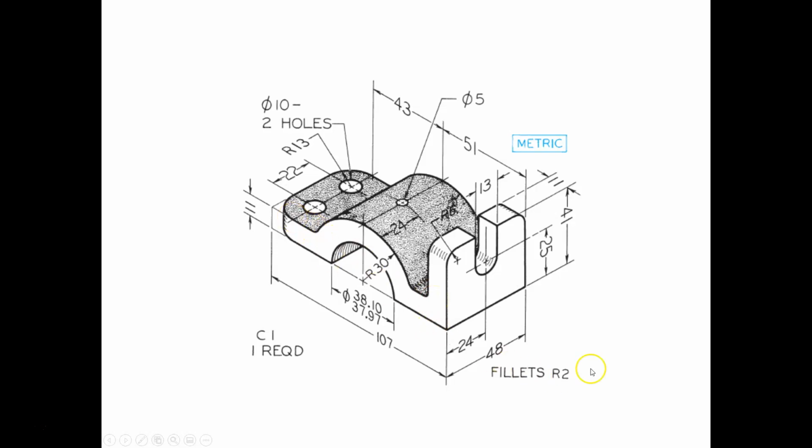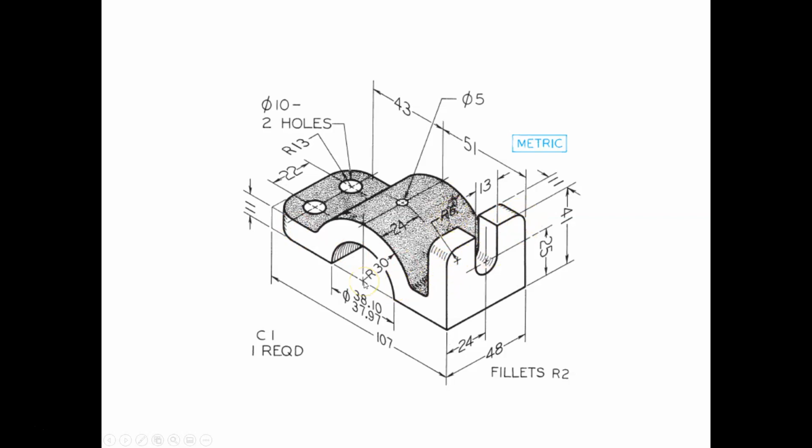Some of the other shapes we can take care of with notes. So fillets, radius 2, right? Just notes. This front curved surface, round, would be just a radius 13. And this surface right here would be just a radius 6 or 5, I think.